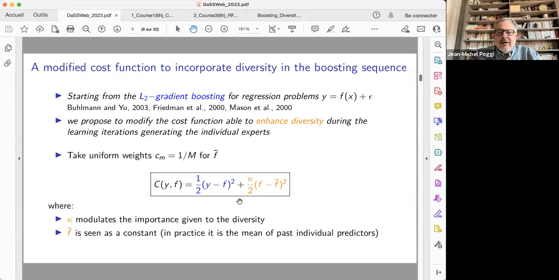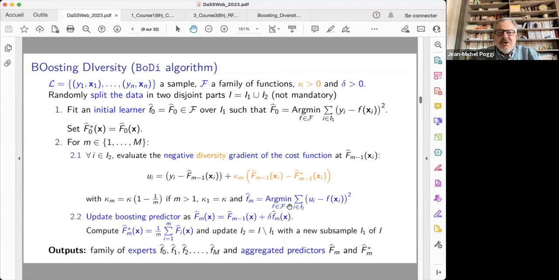So for those of you who are not familiar with boosting, I will spend some time showing you this slide. I will take some minutes to comment in detail on these different steps, but just to have the big picture, if you avoid looking at the parts which are in orange, this is the classical L2 boosting.